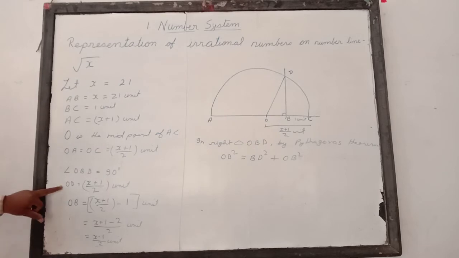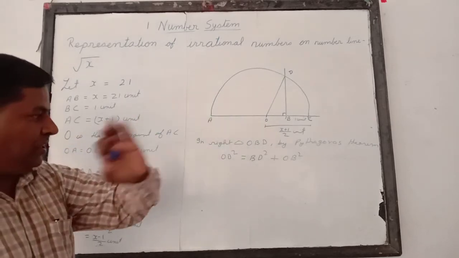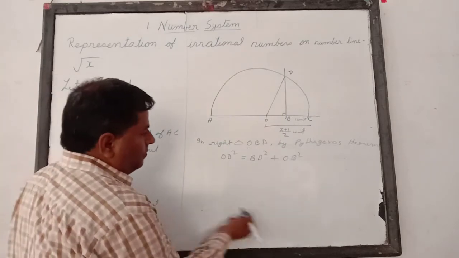Now we know the value of OD, we know the value of OB, we don't know the value of BD.